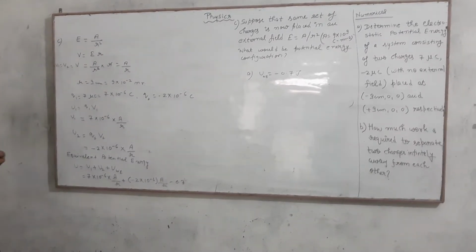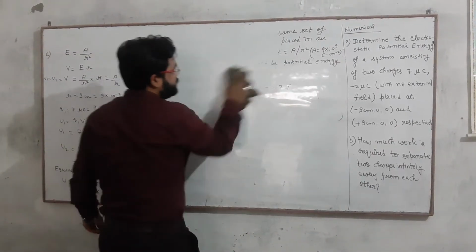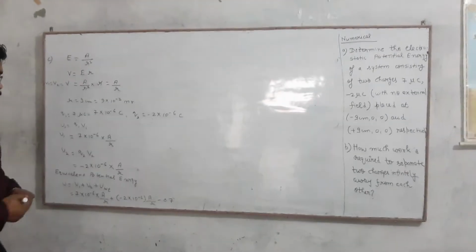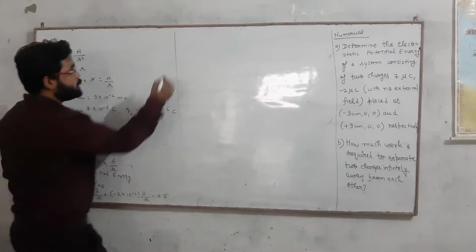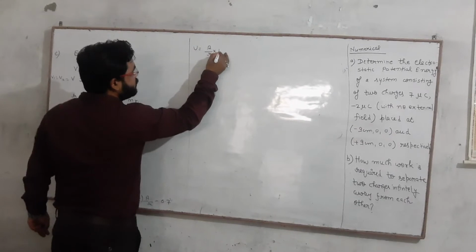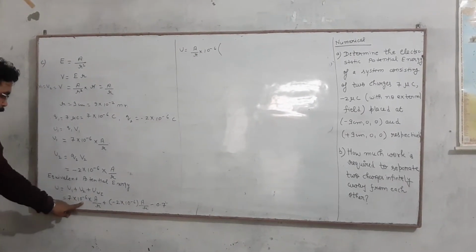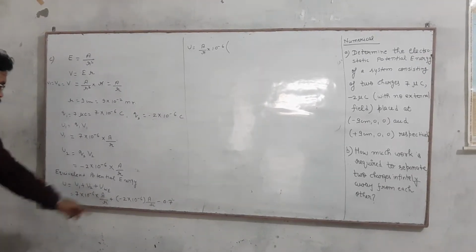Okay. So now come here. U is equal to, the common factor is A by R into 10 to the power minus 6. A by R and 10 to the power minus 6 are common between these two terms, so we have taken this common.